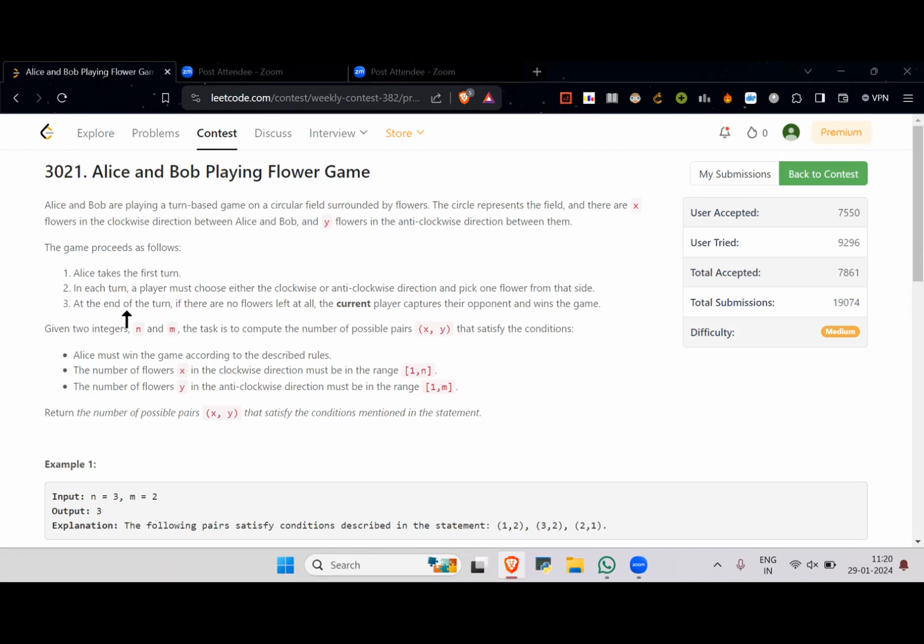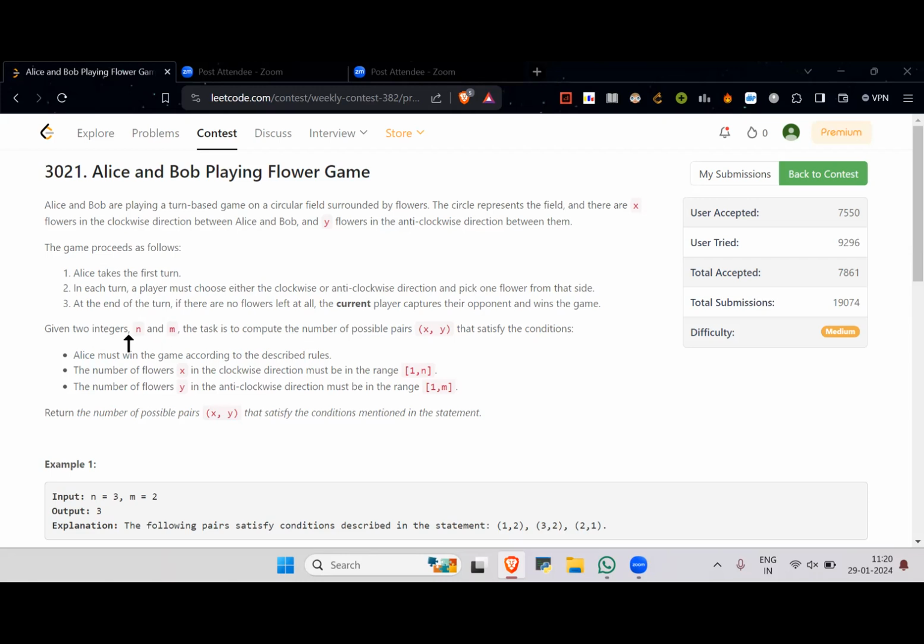At the end of the game, if no flowers are left at all, then the current player captures the opponent and wins the game. So if Alice is playing the move, and after her move no flowers are left, then that player will capture the other player and win the game. Basically, the one making the move where the flowers finish is the one who wins the game.